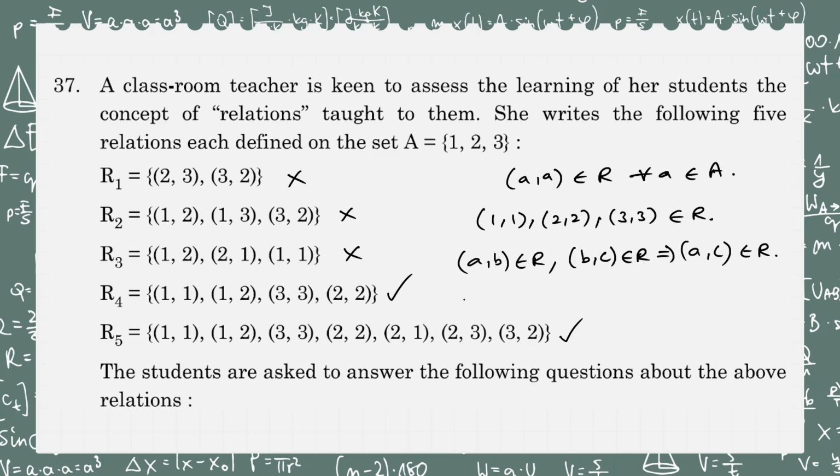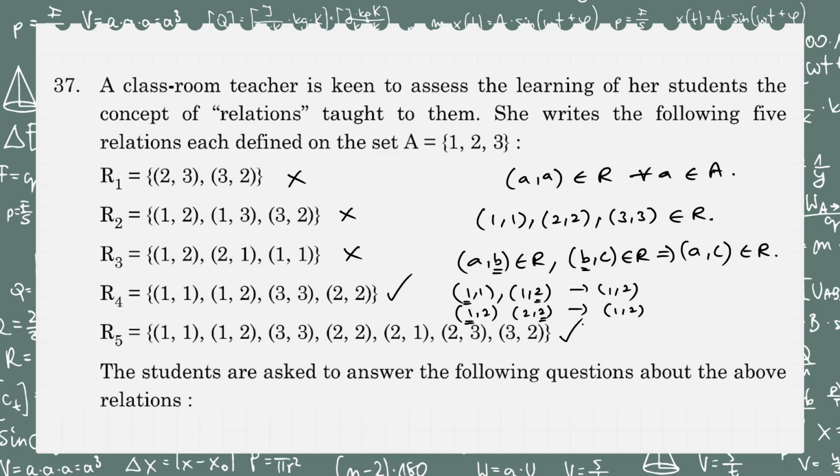Suppose we take any two pairs, the second entry of one and the first entry of the other should be the same, right? Suppose I take (1, 1) and (1, 2) from R4, their combination should give me (1, 2) again, which is already there. And if I take (1, 2) and (2, 2), I have the first and the last, which is (1, 2) again.